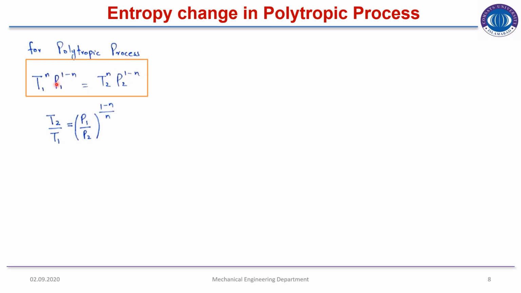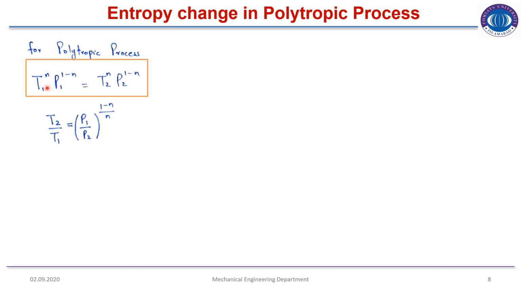From this relation of the polytropic process, we find the ratio T2 over T1. The ratio T2 over T1 is equal to (P1 over P2) to the power (1 minus n) divided by n. So this ratio is calculated from the relation of the polytropic process.